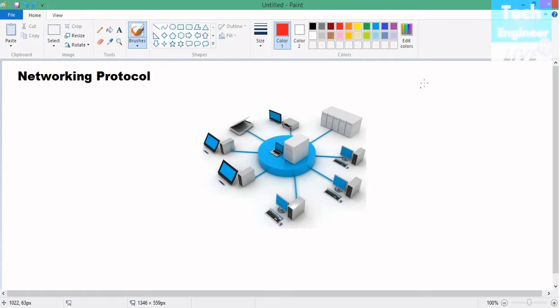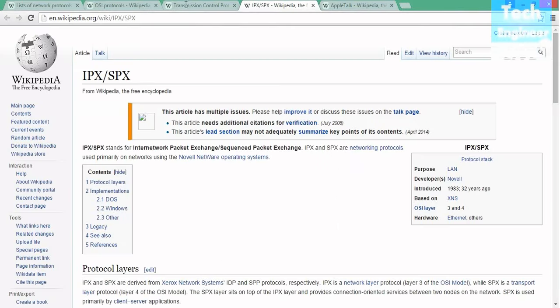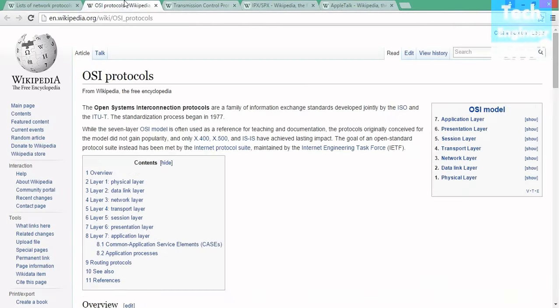That's the reason an organization like ISO came up with the OSI protocol, the Open System Interconnection Protocol, a family of information exchange standards developed jointly by the ISO and the ITU-T. The standardization process began in 1977.